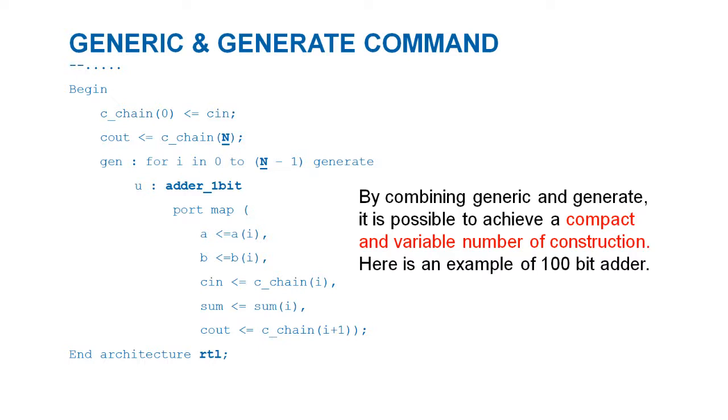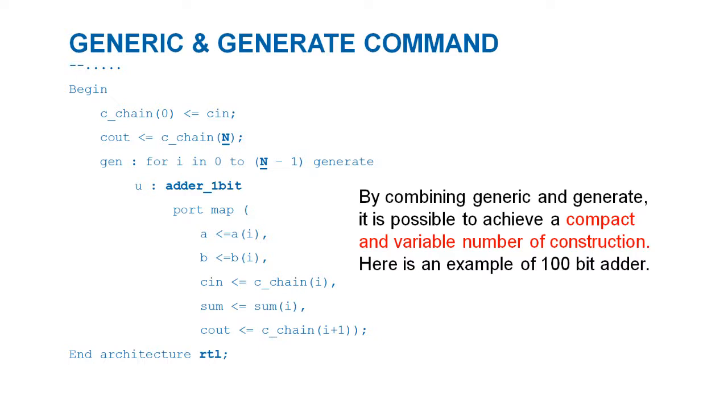Then we have this for generate construct. We give it a label called gen, and in this for generate construct we now have a component called adder 1 bit. We give it a label called u.